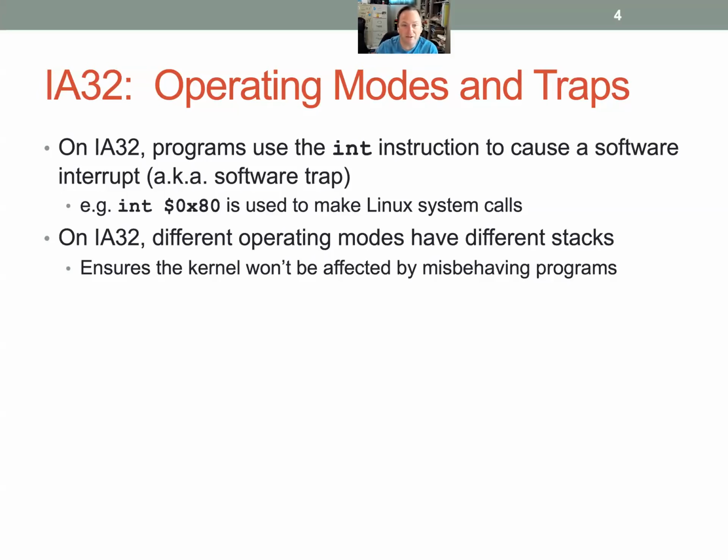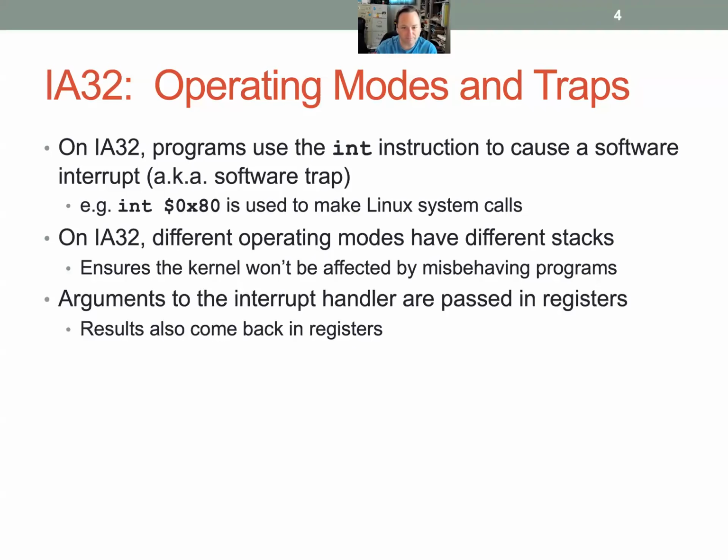So IA32 different operating modes have different stacks, and this is important because a user application may have used up most of its stack space, and you do not want a system call to be sensitive to the way that the user application is behaving. So the processor switches to a different stack when it's changing protection level. The kernel can have its own separate stack that is not affected at all, or can be affected only minimally, by the application.